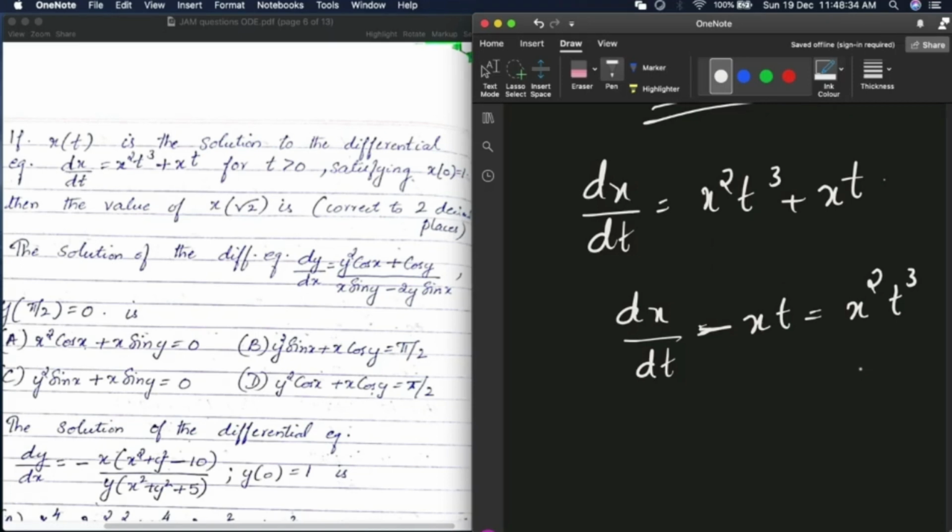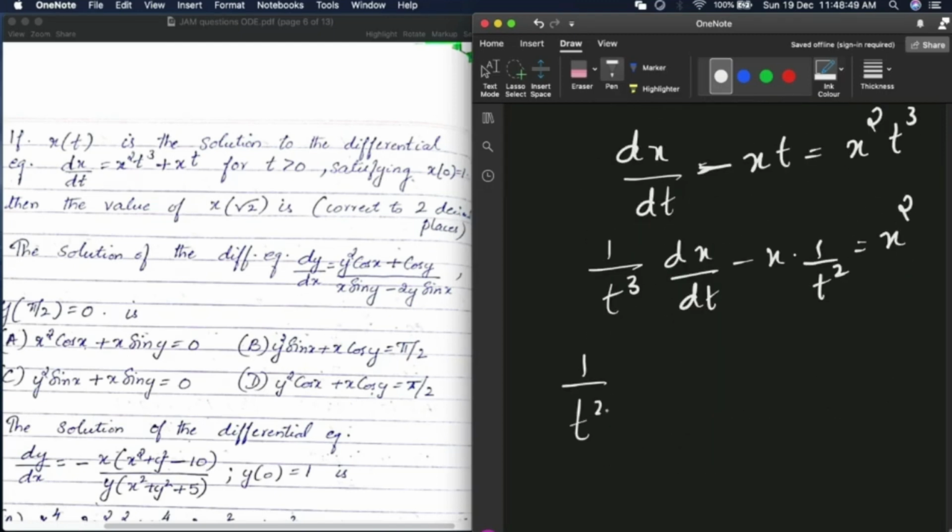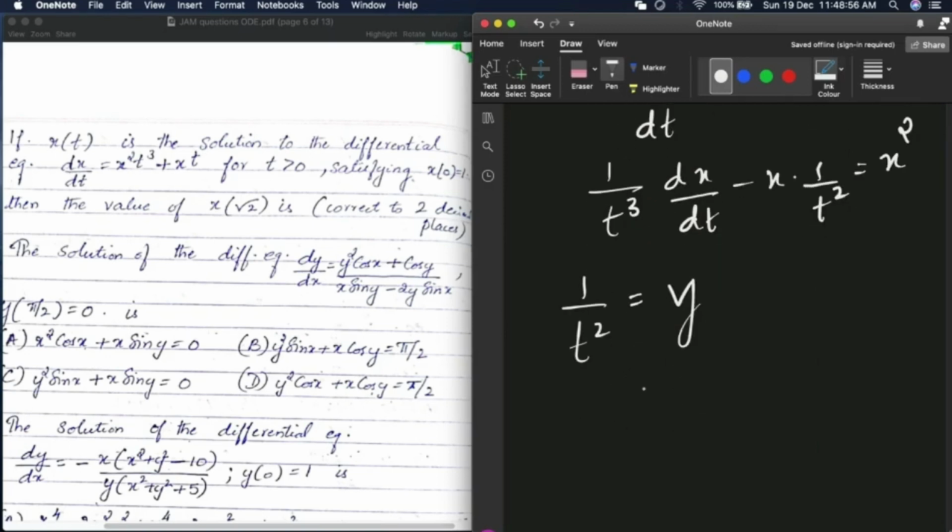Bernoulli's again, no? V or y. Y is not there. Now we can put y. I made a mistake.